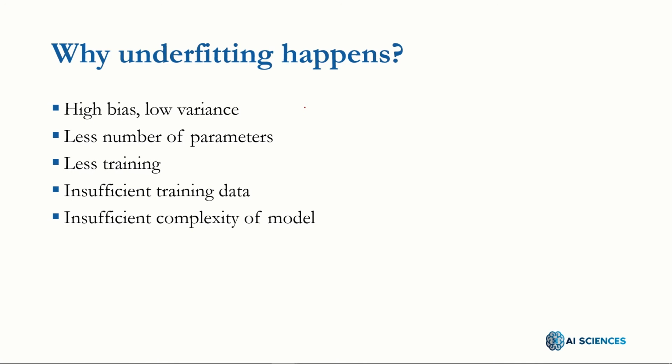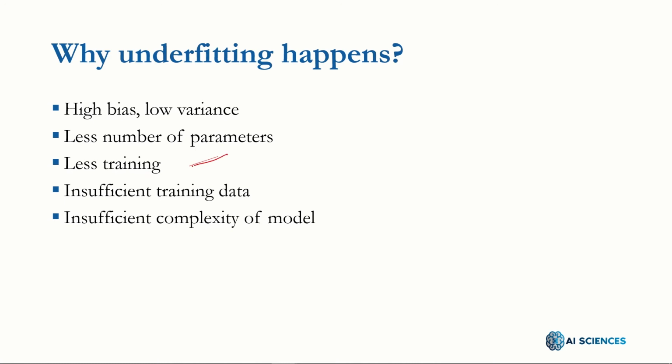Now let's understand why underfitting happens. When the bias is high and the variance is low, as we talked earlier, underfitting happens. When the number of parameters is very small in a model, meaning the ability to learn is very low, underfitting will happen definitely.